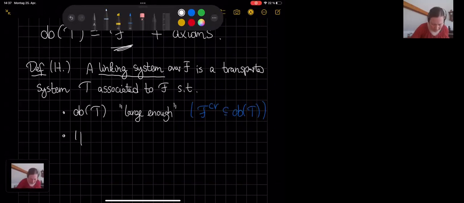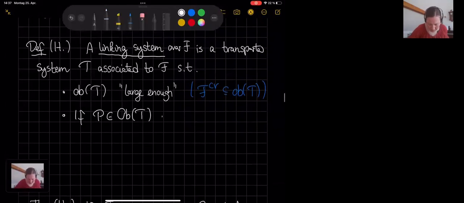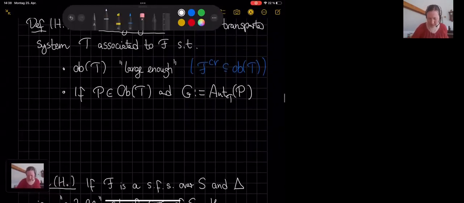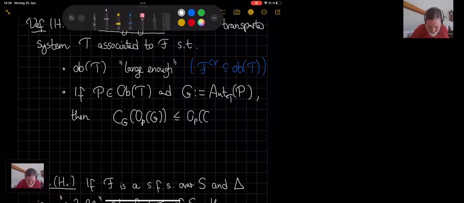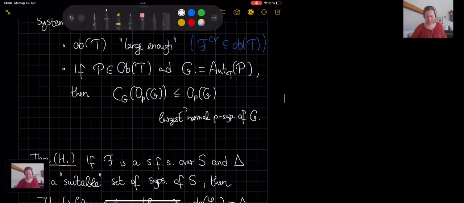And moreover, if P is an object in T and G is the automorphism group of this, so the morphisms in T from P to P, that's a group, then this has the property that the centralizer in G of O_P of G is contained in O_P of G. Here O_P of G is the largest normal P-subgroup of G. And that's a property which one looks a lot at in finite group theory.